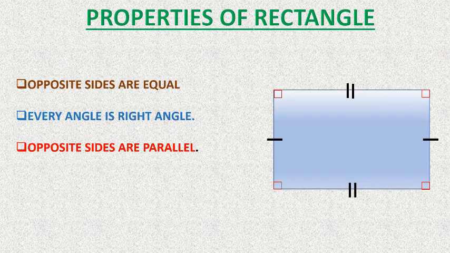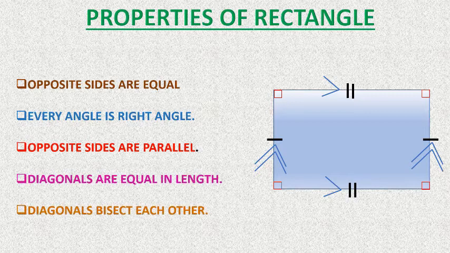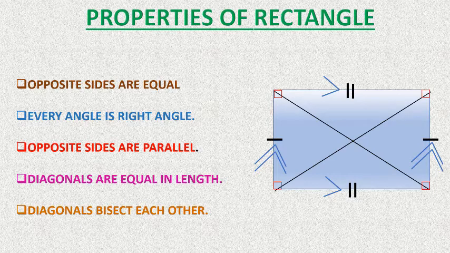Opposite sides are parallel, means the distance between the opposite sides is equal, like this. And the last two we have: diagonals are equal in length and diagonals bisect each other, means they divide the diagonals into two equal halves, like this. I hope you have understood.